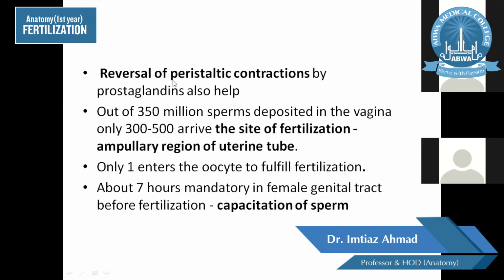So this backward movement of the contractions of these organs also helps the sperm ascend from the upper part of the vagina to the site of fertilization in the distal part of the fallopian tube.